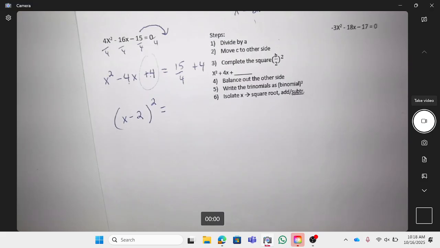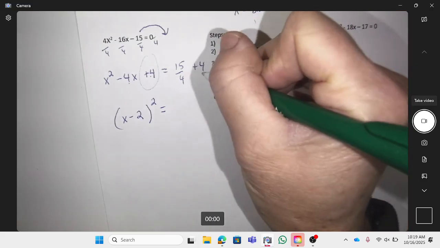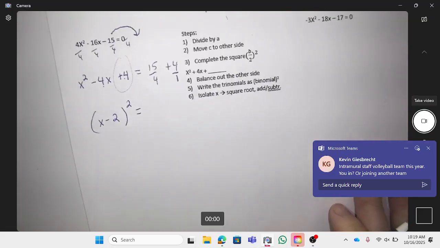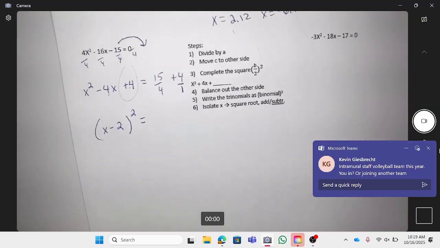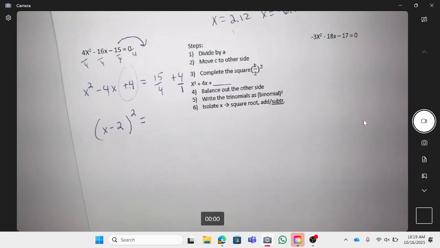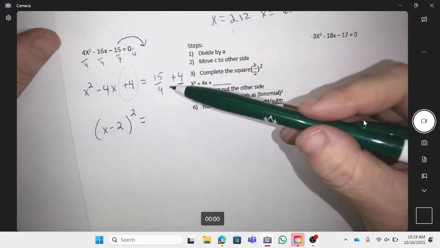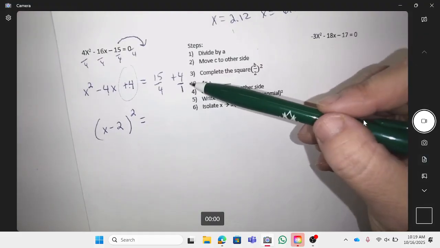Okay, you're not going to get scared here, but we're going to do some fraction math because on your test I'm going to tell you you can't do it as a decimal. I want you to leave it as a fraction. All right, so what I'm going to do here is I'm going to put my 4 as a 4 over 1. How do you add fractions?